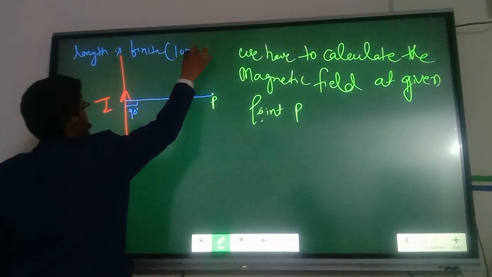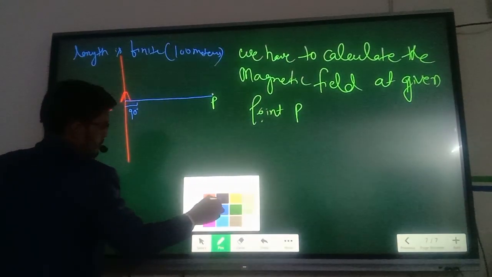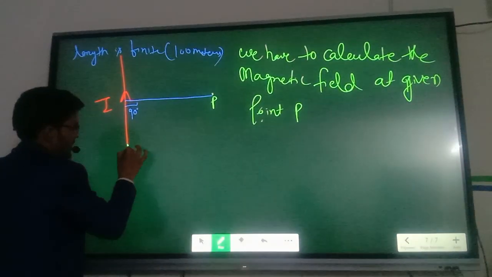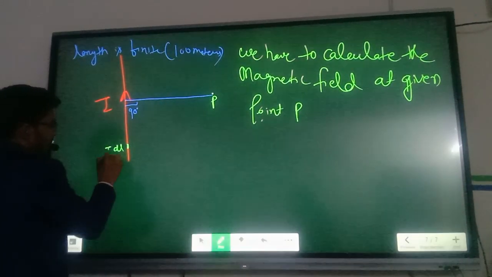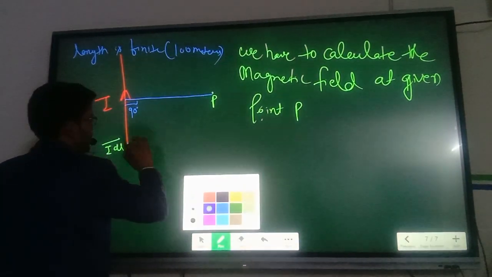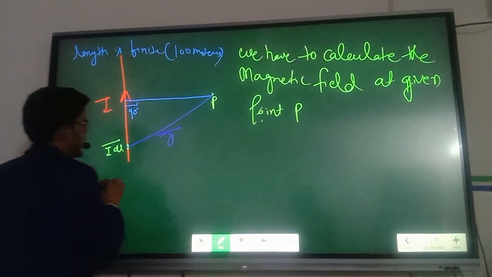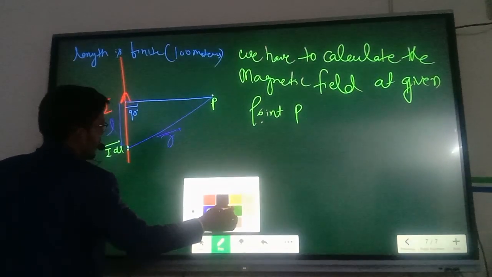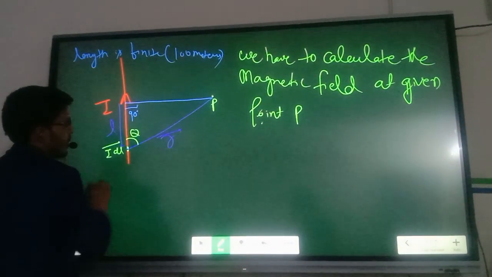Suppose 100 meters. Now the first step: we select a dL element. Suppose this is dL. If we multiply by I, this is a vector quantity. Now the second step: we connect it to the given point, and this is the R vector, and suppose this is length L. Now suppose this is angle theta.